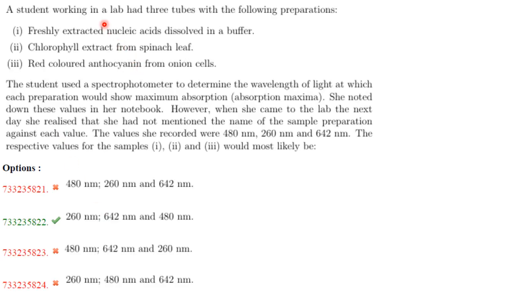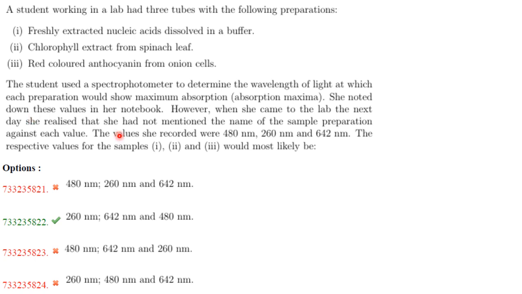A student working in a lab had 3 tubes with the following preparations: freshly extracted nucleic acids dissolved in a buffer, chlorophyll extract from spinach leaf, red colored anthocyanin from onion cell. The student used a spectrophotometer to determine the wavelength of light at which each preparation would show maximum absorption, or absorption maxima.